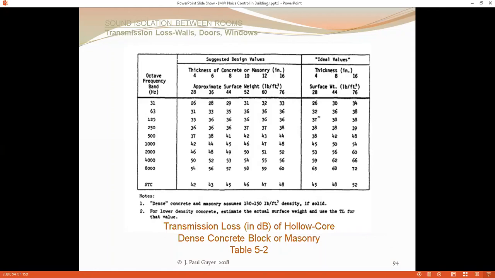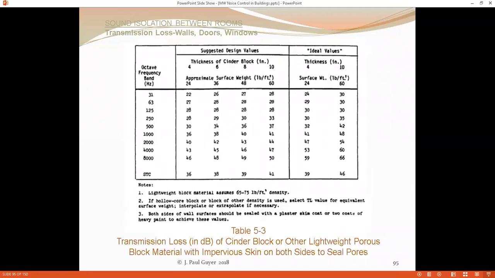And then down at the bottom, you see how these numbers using the ASTM methodology are blended together to come up with a single STC number. It has proven to be workable to just say that if you have an 8-inch concrete block wall, it has an STC rating of 45, and that approximation is adequate for building design purposes.